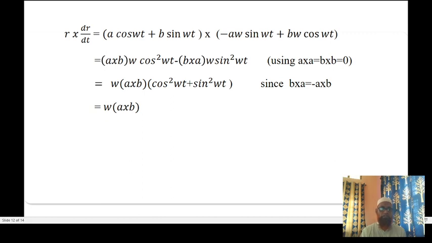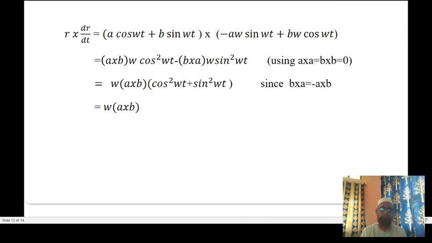So minus b cross a w sin wt into sin wt, sin square, and the last term b cross b is 0. So taking w a cross b common from both terms, w into a cross b into (cos square wt plus sin square wt), which is 1, because b cross a equals minus of a cross b.